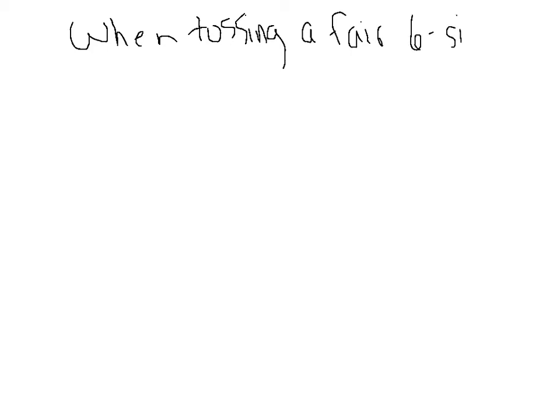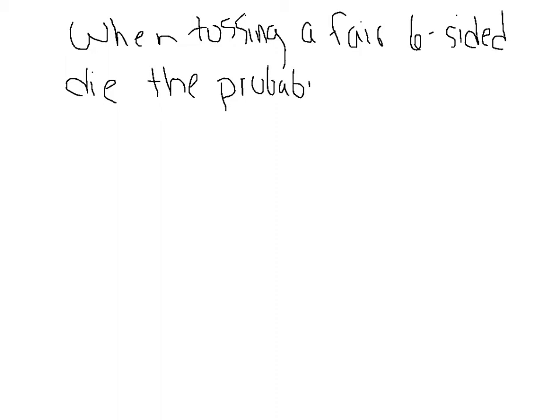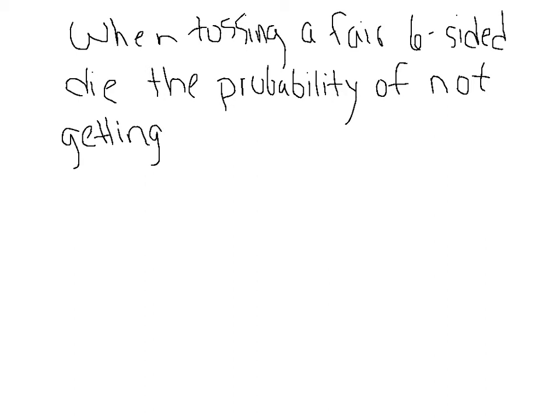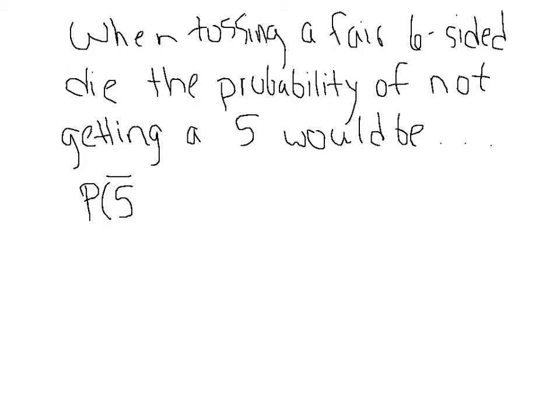So an example is when tossing a fair six-sided die, the probability of not getting a 5 would be, and we write it like this, the probability of not getting a 5 is equal to 1 minus the probability of getting a 5.